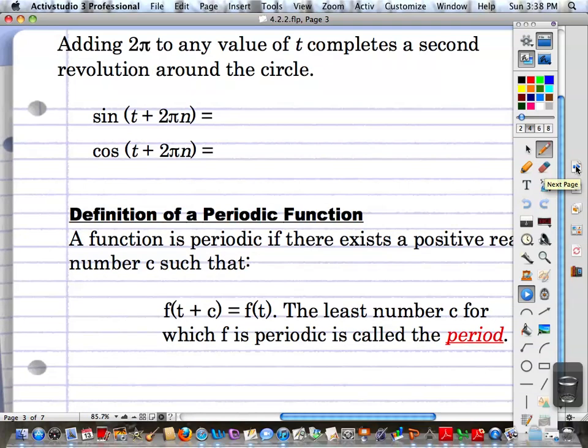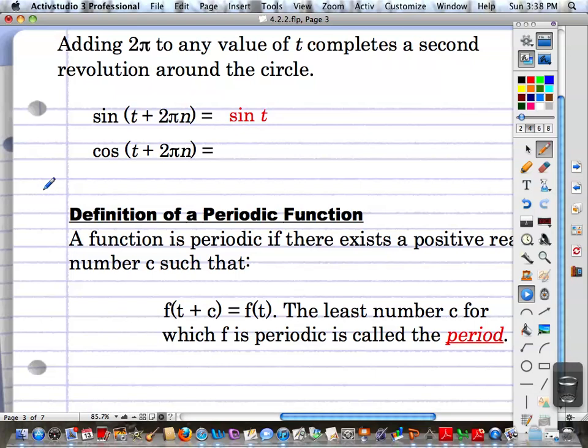We talked before about coterminal angles, and that by adding or subtracting 2 pi to any value of t or to any theta, we just complete a second revolution or maybe a third revolution depending on how many we want to go. So if I have the sine of some value of t and I add 2 pi n, where n is just some integer, some multiple of how many times I'm going to go around the circle, then I'm always going to end up back at the same value for the sine of t.